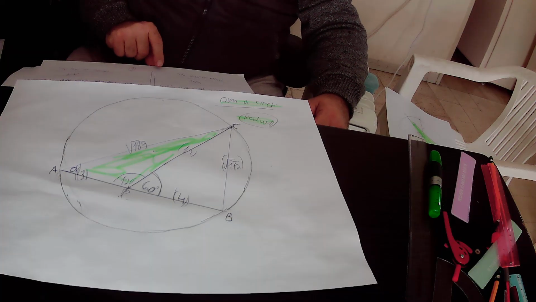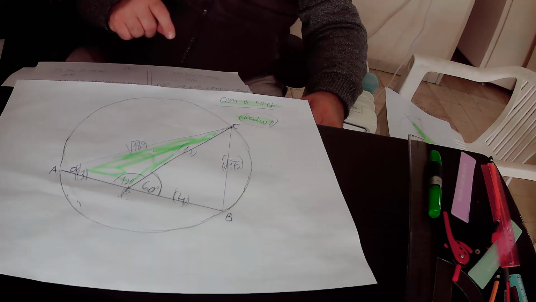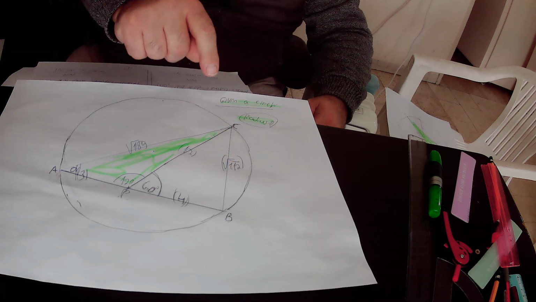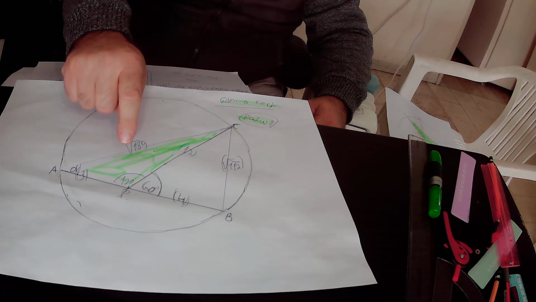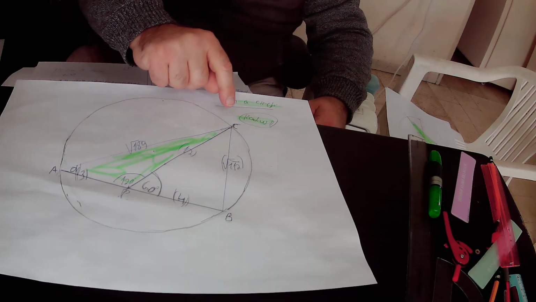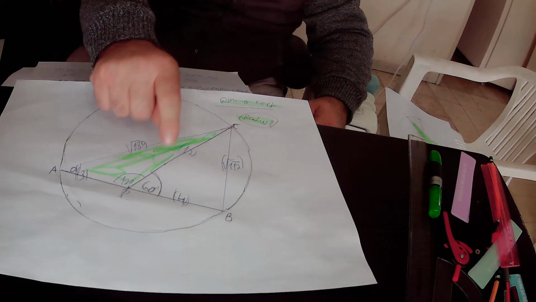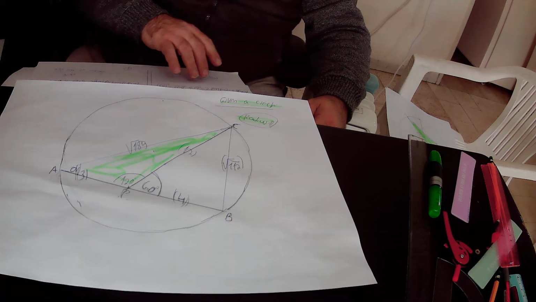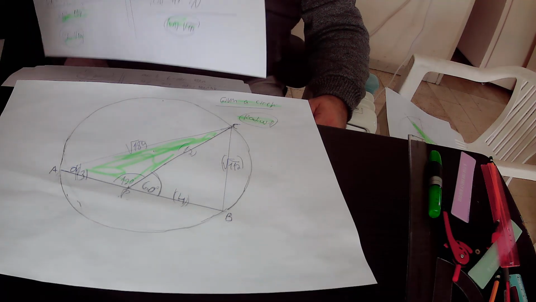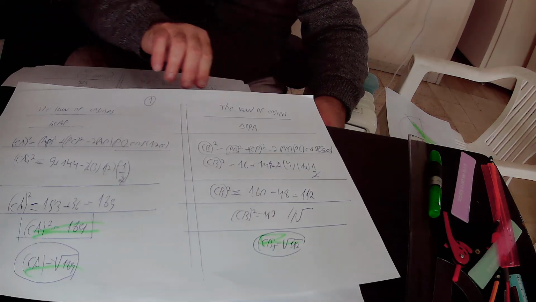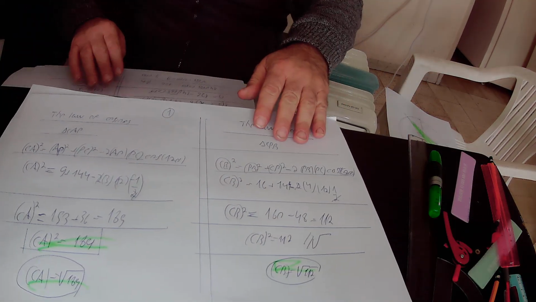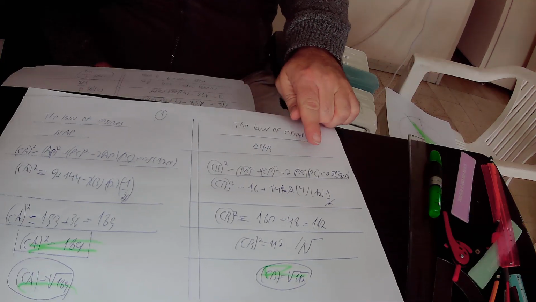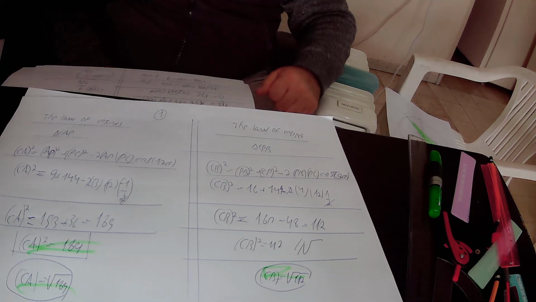So according to the law of cosines in this triangle CPB, the following equation is true: CB squared equals CP squared plus PB squared minus 2 times CP times PB times cosine 60 degrees. Again, in this triangle CPB, CB squared equals PB squared plus CP squared minus 2 times PB times PC times cosine 60 degrees.